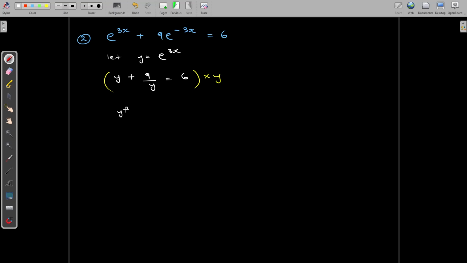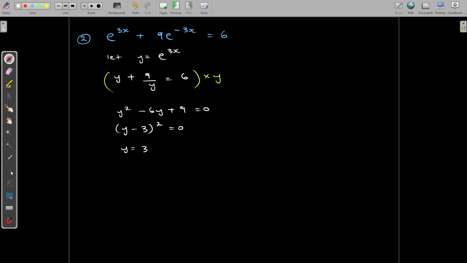So y squared minus 6y plus 9 is equal to 0. Applying the AC method, this is negative 3, negative 3. So y minus 3, all squared, would be equal to 0.